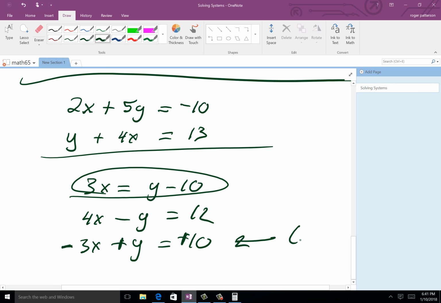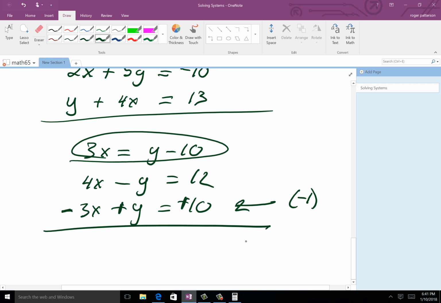So I could just multiply this by a -1, and then I could do it. So I'm going to have 1x. The y's cancel out, and I get this 22 here. Okay, so that's pretty simple. So see, even ones that look like substitution, you could do elimination on them, and they work out really well.